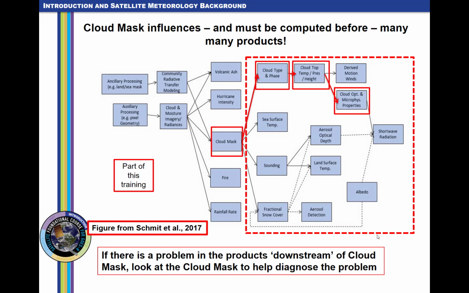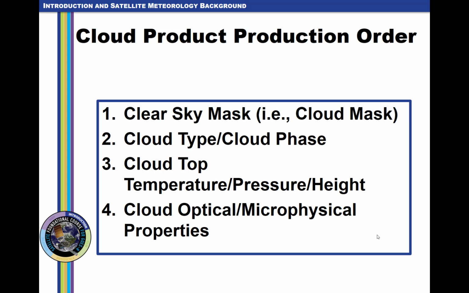If cloud masking is wrong, it can introduce errors into every variable within the dashed red box. Similarly, if cloud typing and phase is wrong, cloud top pressure and microphysical properties will be affected. Each cloud product builds on its predecessor or requires information from the predecessor.